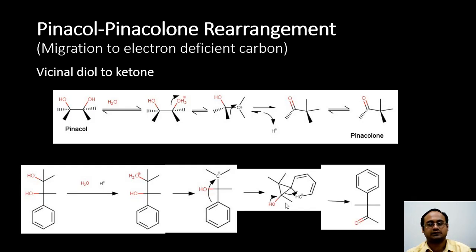This then further rearranges to lose a proton and give the corresponding pinacolone. Here you will find that the phenyl group has shifted from the lower carbon atom to the upper carbon atom, and this phenyl group preferentially migrates instead of the methyl group because it leads to a more stabilized resonance structure, which is stabilized by the resonance of the aromatic ring.